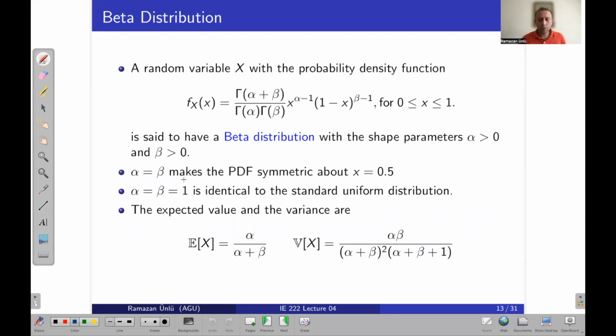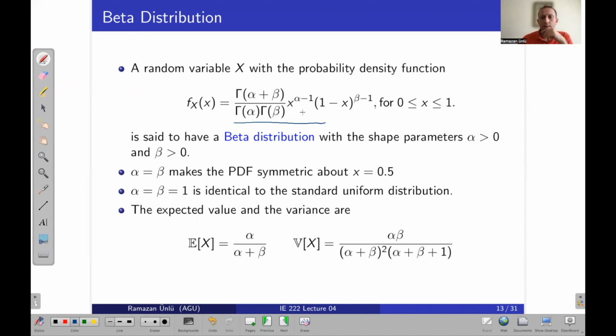Okay, so let's look at another distribution, which is the last special distribution in this lecture, called the beta distribution. A random variable x with the probability density function is said to have a beta distribution with the shape parameters alpha and beta.